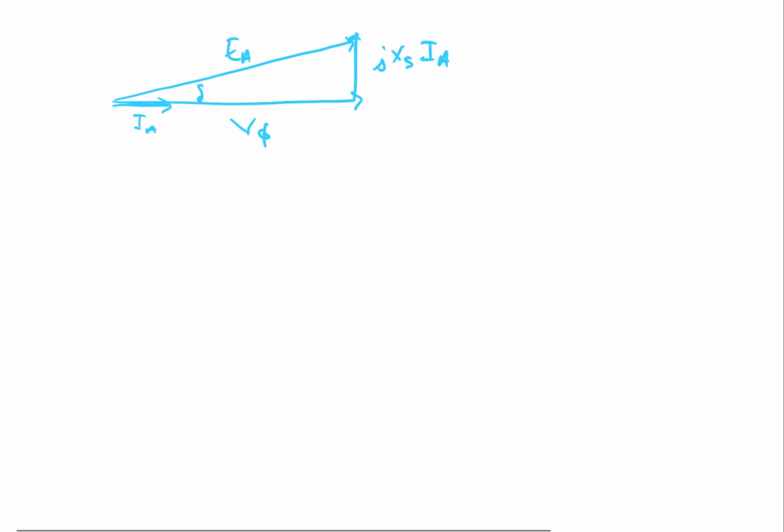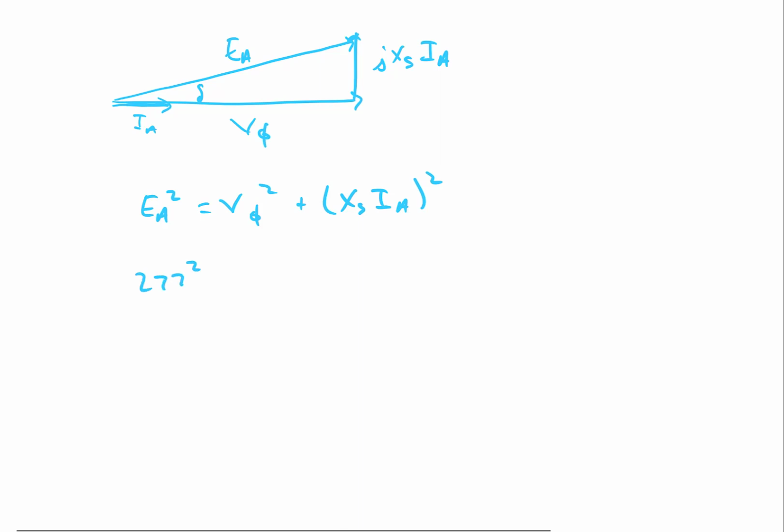This situation is a little bit simpler. We have EA squared equal to V phi squared plus (XS IA) squared, because it's already a right triangle.